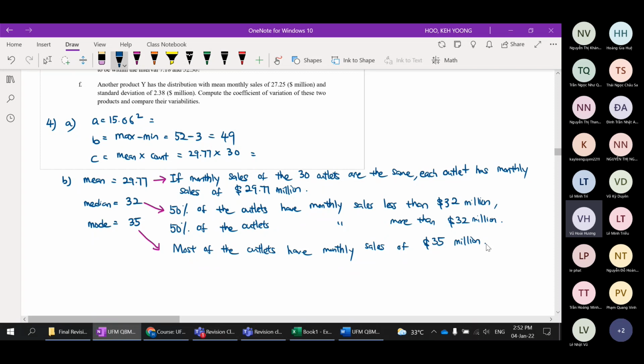Most of the outlets have monthly sales of $35 million.